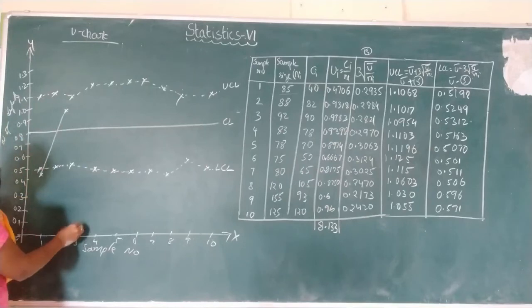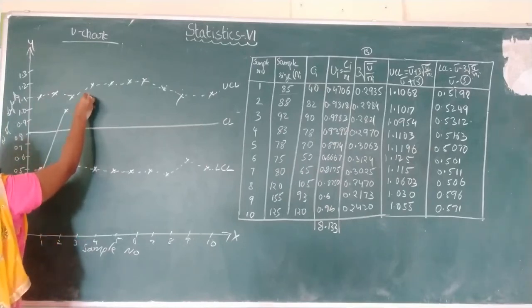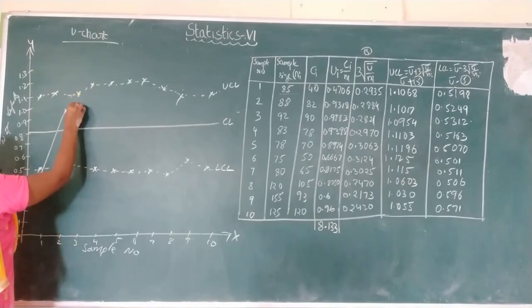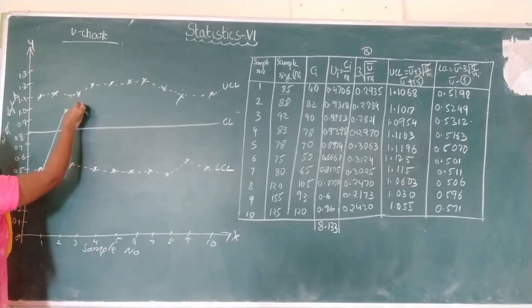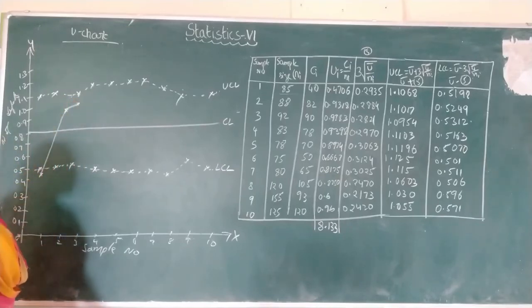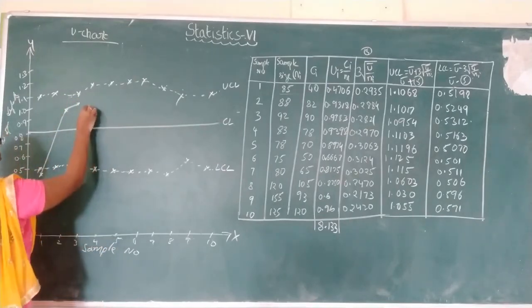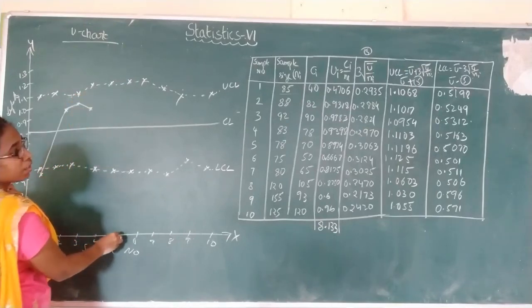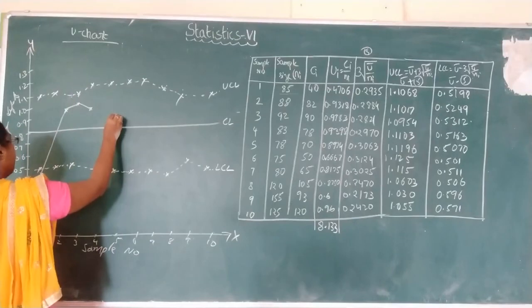Third one is 0.97. Next is 0.93 again. Next 0.89.